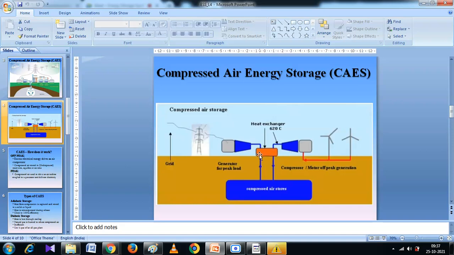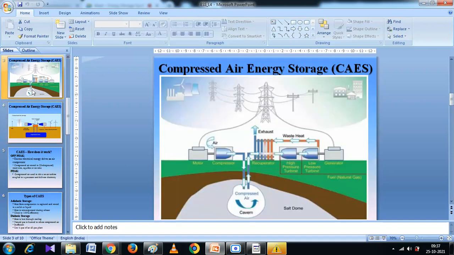So in the regenerative type heat exchanger, the heat exchange is not at the same time, but in the recuperator type, the heat exchange happens at the same time.